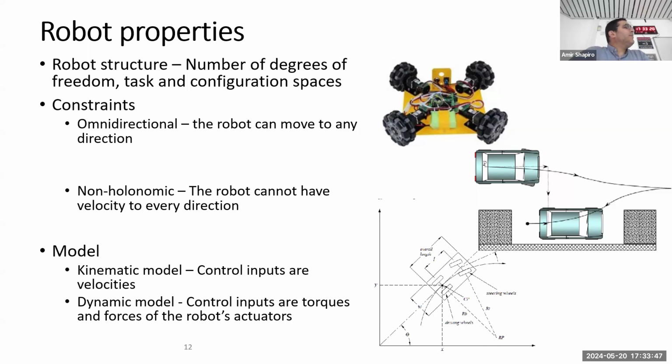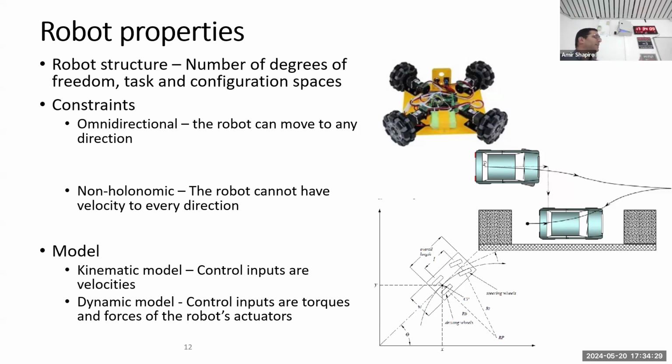Also, for the robot, we may have a dynamic model of how the robot is moving. It can be either a kinematic model, where we input the velocities of the robot, like in the car, the speed forward and the speed of the steering wheel. And then we have a first order differential equation that governs the motion of the robot, of this car, per se.